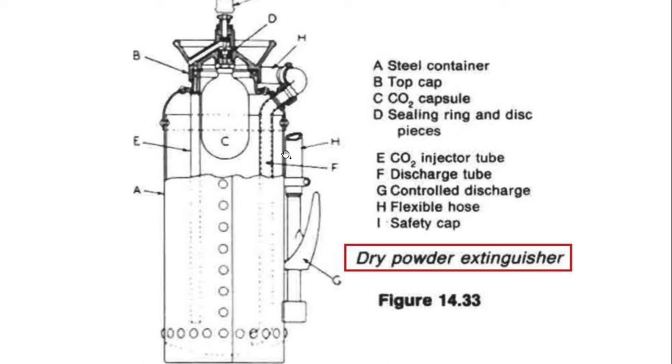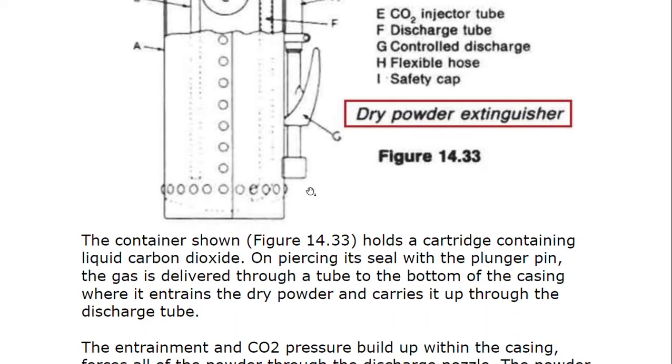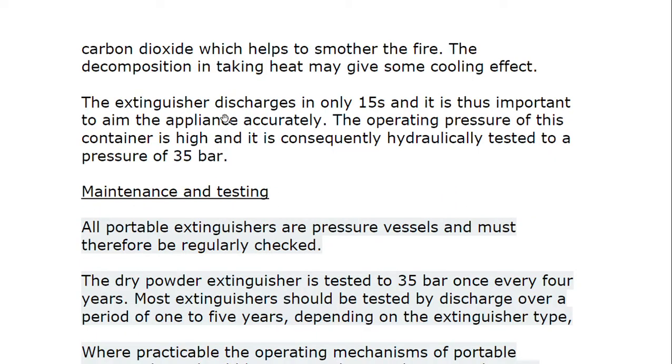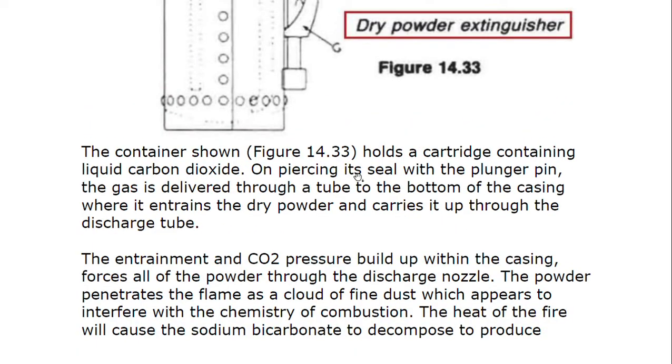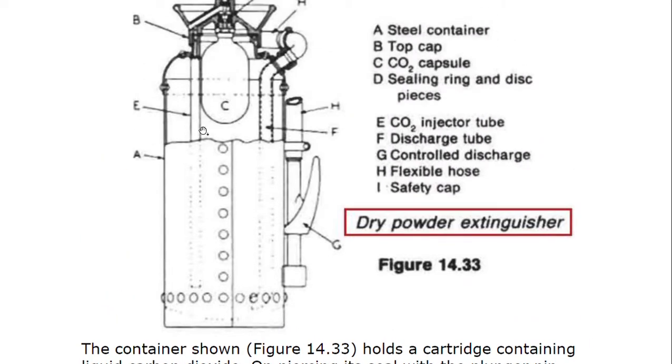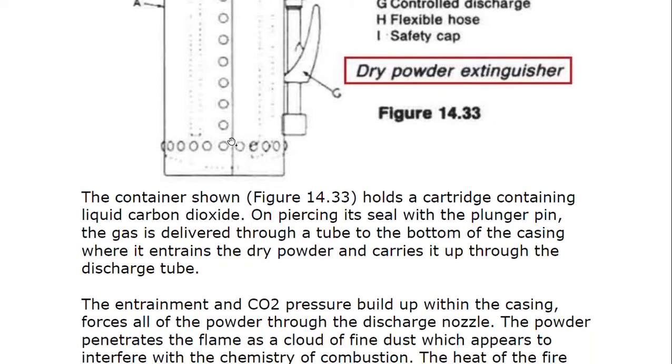Now, when we move ahead and explain this figure, the container shown here holds a cartridge containing liquid carbon dioxide. So it has a cartridge that you see, it has liquid CO2. CO2 is always stored in liquid form, as in fixed CO2 installations also, because the compressed form is liquid form.